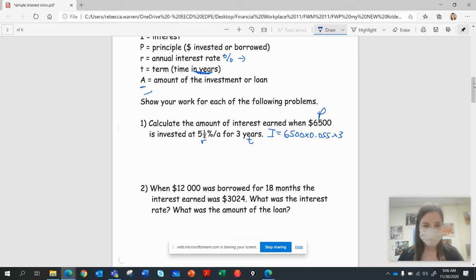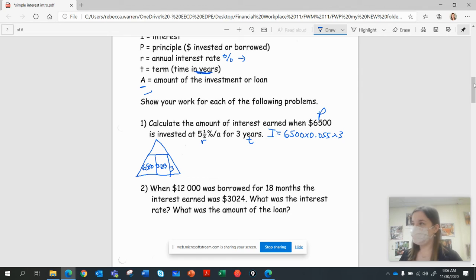But like I said, I want to show you with the triangle. The way the triangle works is you fill in what you have. We have P, it's 6,500, it goes down here. We have R, it is 0.055, and we have T, which is 3.